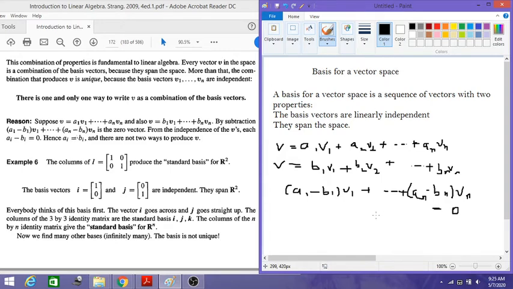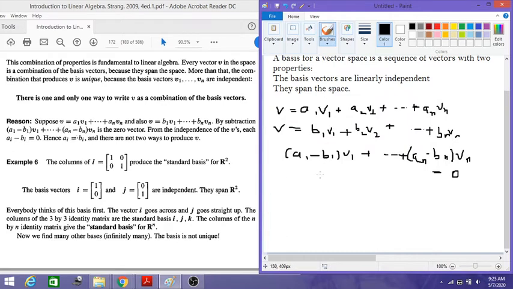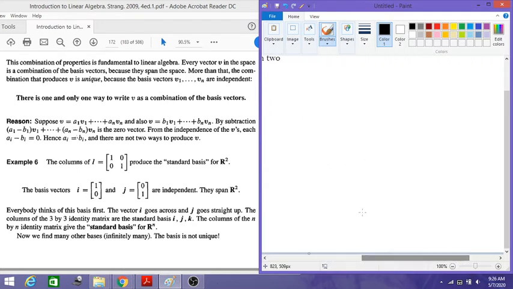So from the independence of the v's, each ai minus bi is equal to 0. So ai equals bi. Then there are not two ways to produce v. Don't worry, we'll talk about examples and you will understand what the basis vector means.